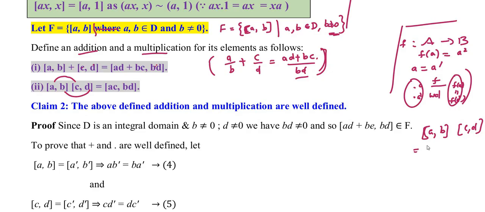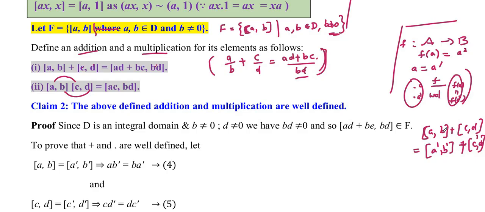When you assume that [A,B] is equal to [A prime, B prime] and [C,D] is equal to [C prime, D prime], for the operation addition to be well defined, [A,B] plus [C,D] should be equal to [A prime, B prime] plus [C prime, D prime]. That is what we need to establish for addition to be well defined. In the same way for multiplication, instead of plus you will have dot.